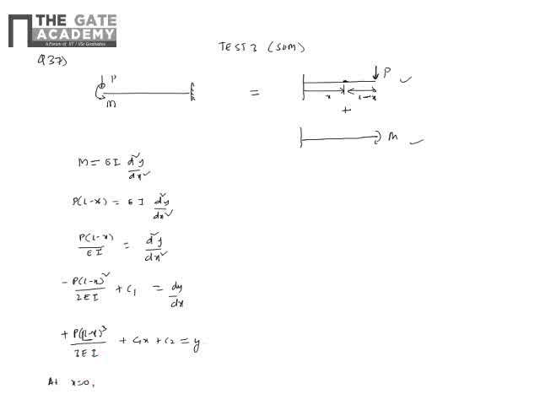So at x equal to 0, y is 0. At x equal to 0, the slope is 0, so dy by dx is 0.